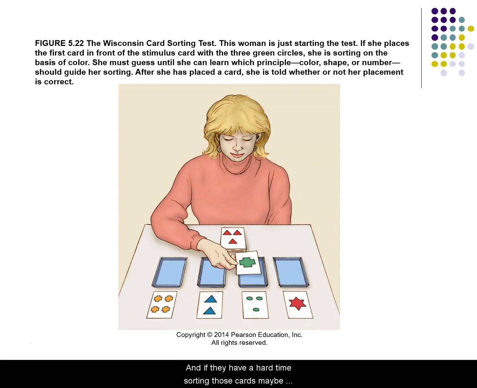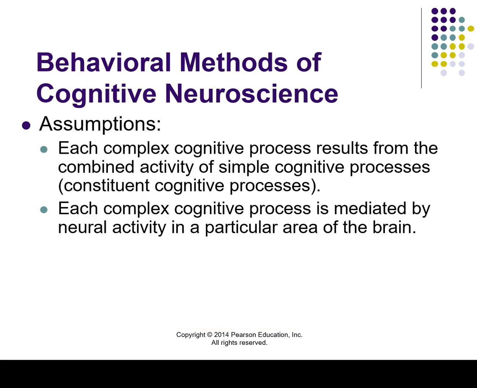And if they have a hard time sorting those cards, maybe they sort by shape and then they can't switch, even though they're getting errors and errors and errors, they're not realizing, oh yeah, that's right, maybe I should be sorting them based upon the color. And so those can definitely show us brain ailments or deficiencies.